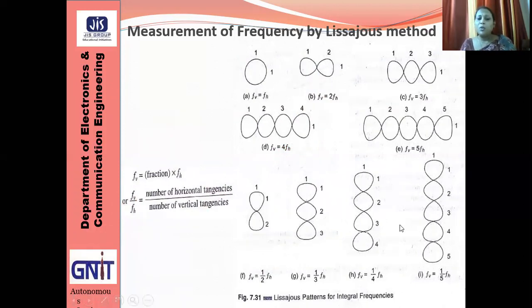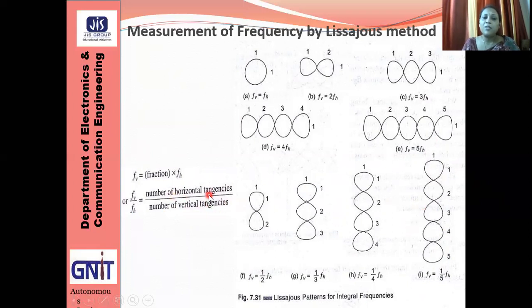Similarly, if we go to this section, say figure I, we can see that the number of vertical tangents is 1, 2, 3, 4 and 5, and the number of horizontal tangents is 1, if we draw a horizontal line and a vertical line here. So FV by FH equals the number of horizontal tangents by the number of vertical tangents.